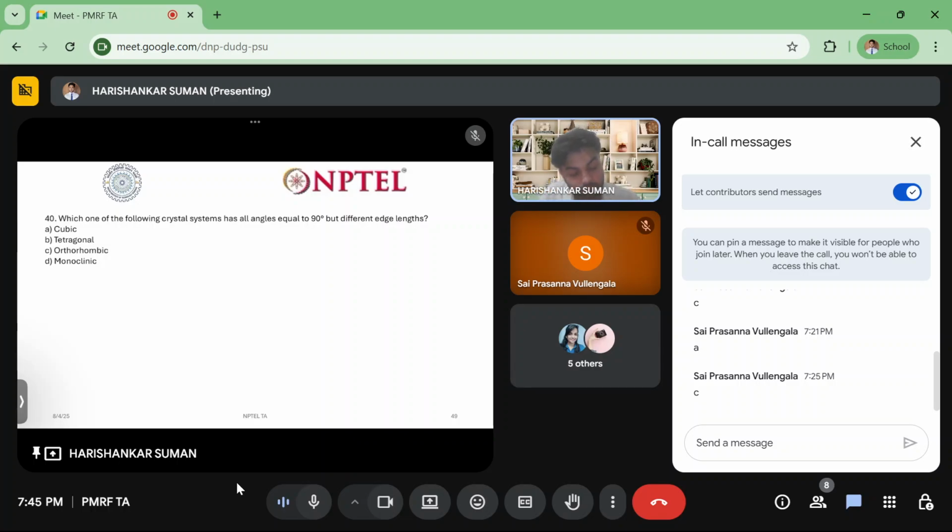Next question. Which of the following crystal systems has all angles equal to 90 but different axis lengths? Alpha, beta, gamma equal 90, and a, b, c are not equal.